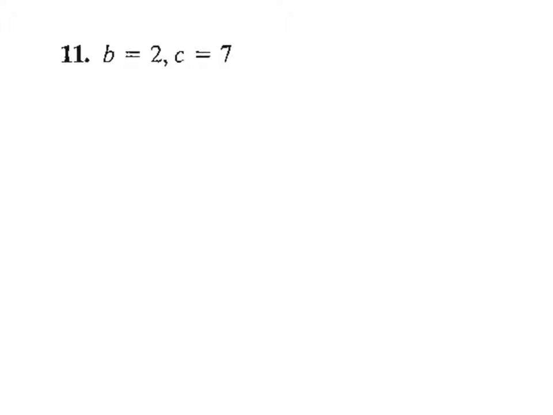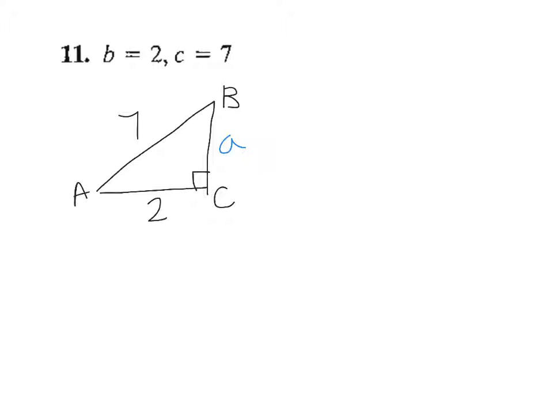Okay, I'll do number 11 on the next page. So 11. Similar idea here. They're giving you two sides, but they're giving you a different combination of sides. So here's A, B, C. Little b is across from big B, little c is across from big C. So this time they gave us the hypotenuse. We're missing little a right now. So I have to do a squared plus 2 squared equal to 7 squared.